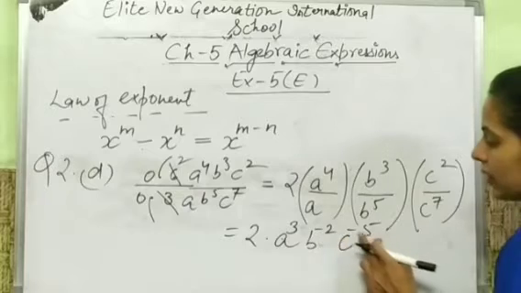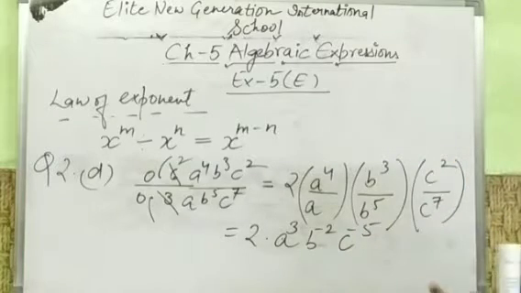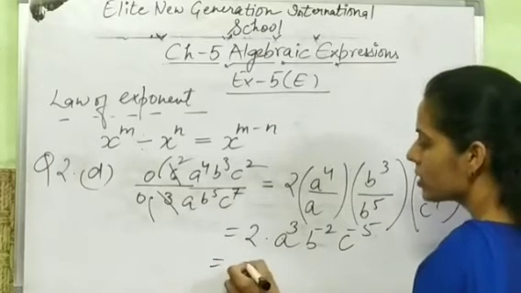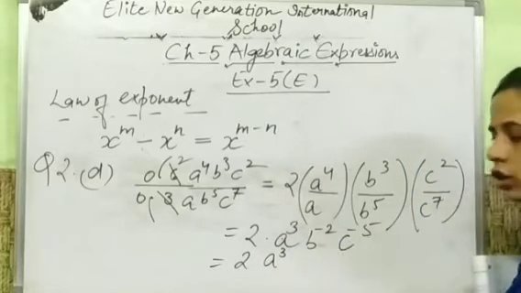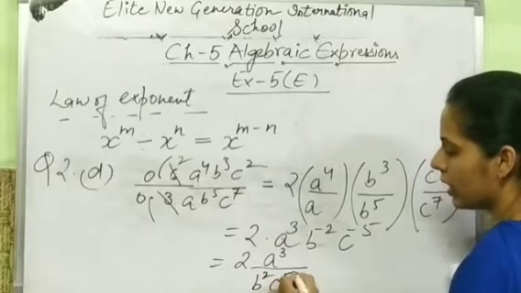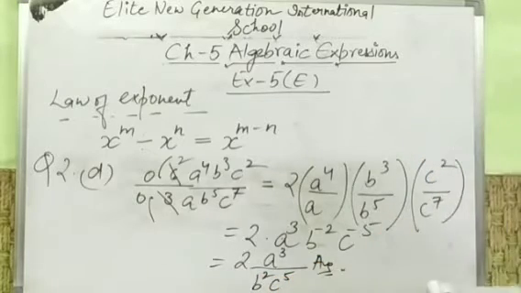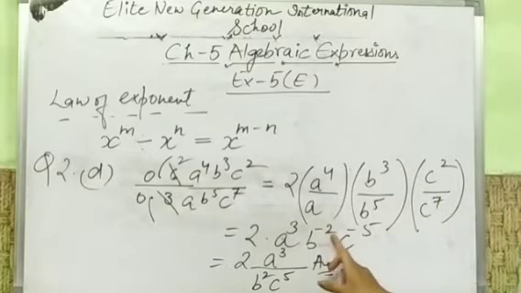We know very well that these two variables have negative powers, so first of all we need to make them positive. For that you just write these two variables in the denominator, like this: b to the power 2 and c to the power 5. This is the answer. Whenever the power is negative, first make the power positive by writing it in the denominator.